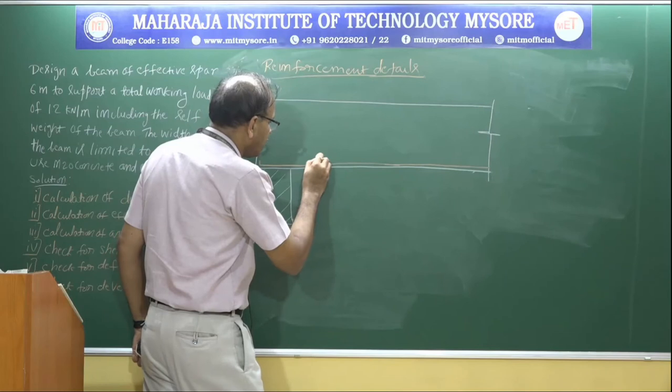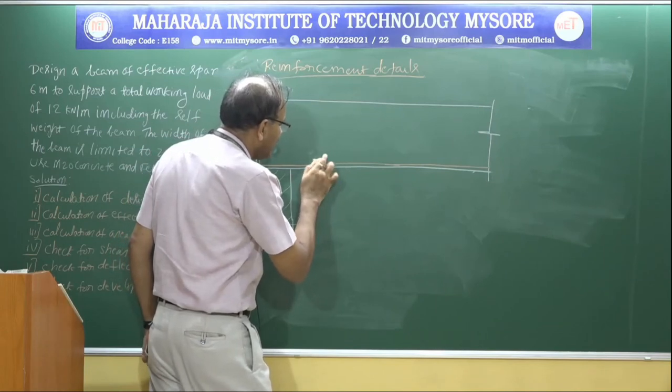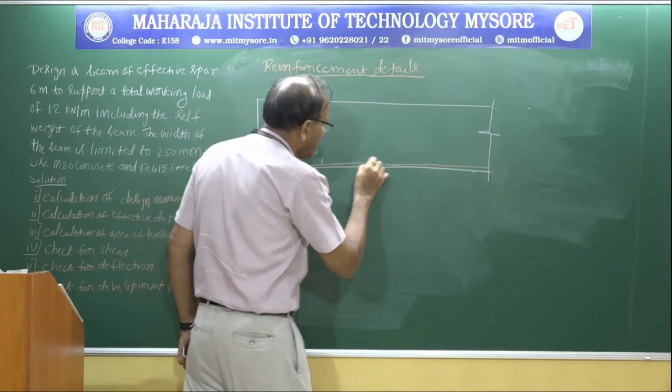And the remaining two bars, of course, we are going to cut here. That is called curtailment.